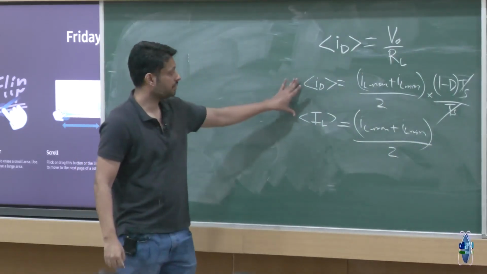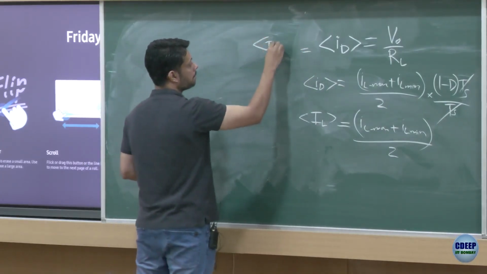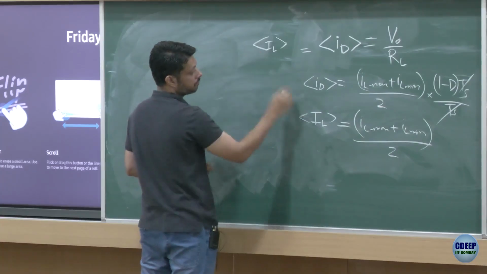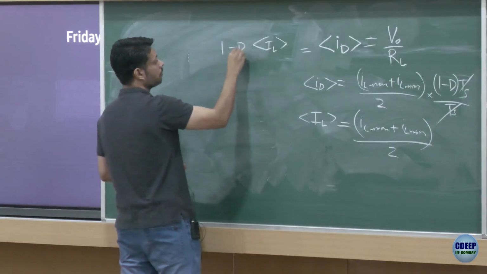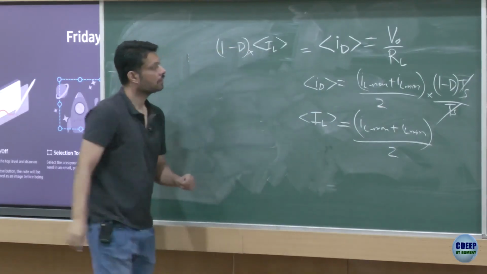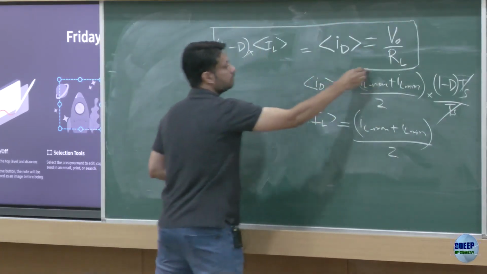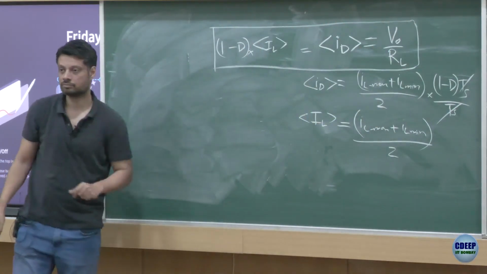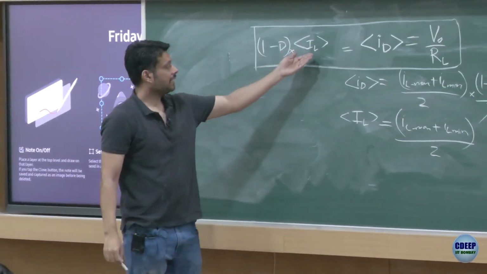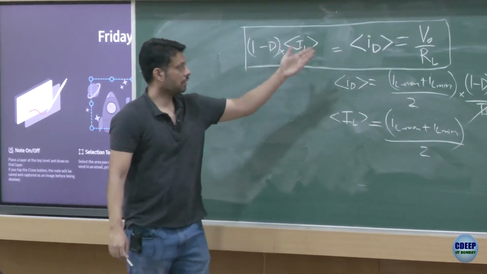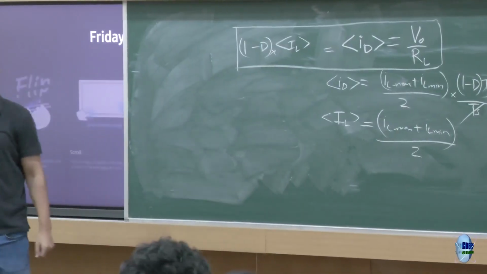And therefore, the relationship between these two things is, is that okay? So, between the inductor average current and the average load current, there is a little bit of difference in terms of the final expression.